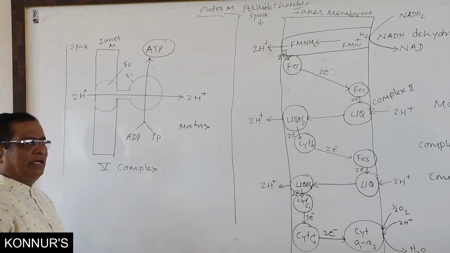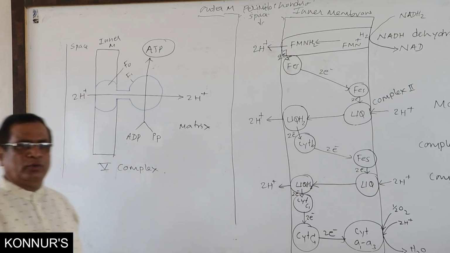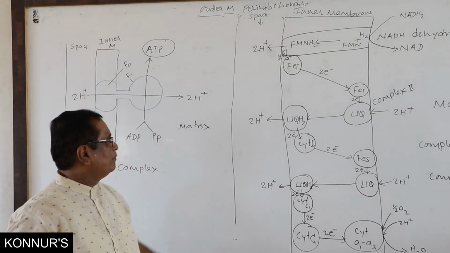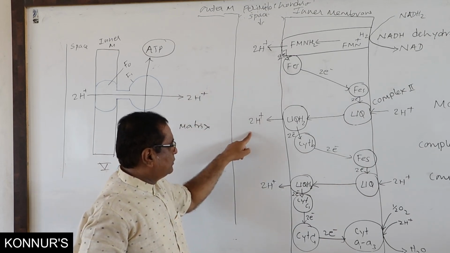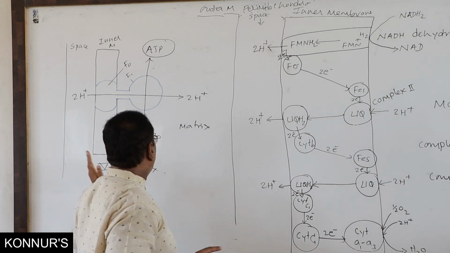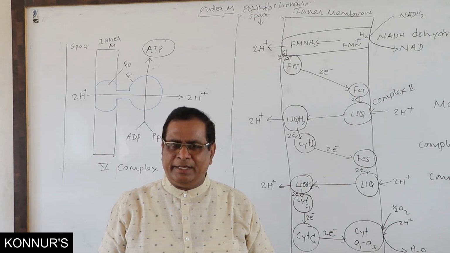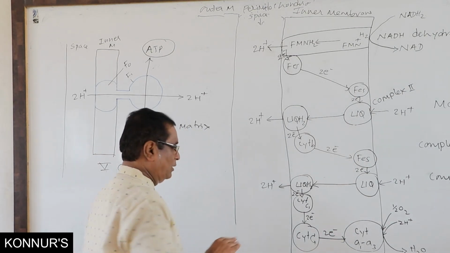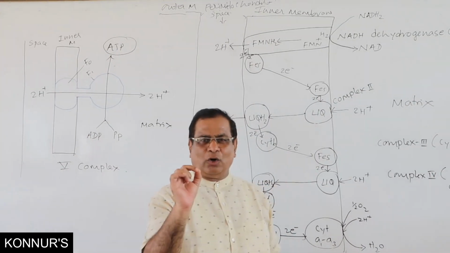Here the energy is received by ADP and inorganic phosphate, leading to the formation of ATP. As there are 3 regions where 2 protons are pumped, we expect 3 ATPs from NADH2. And oxygen is considered the terminal oxidant.